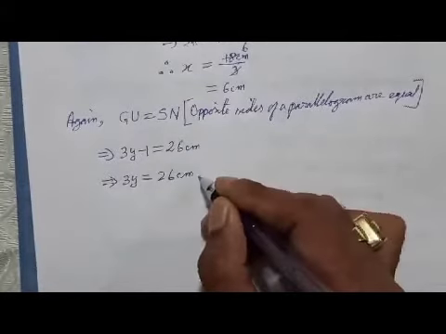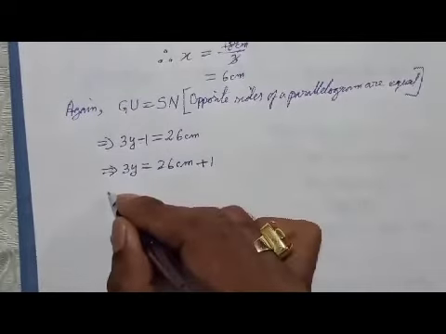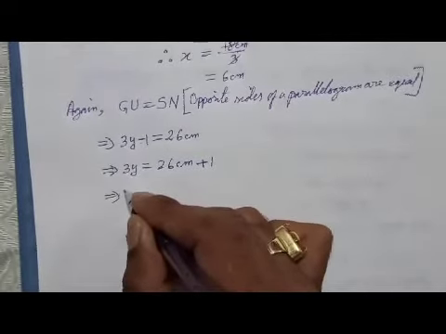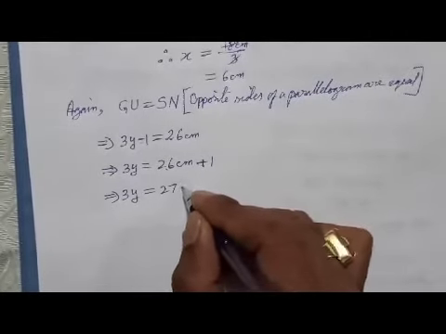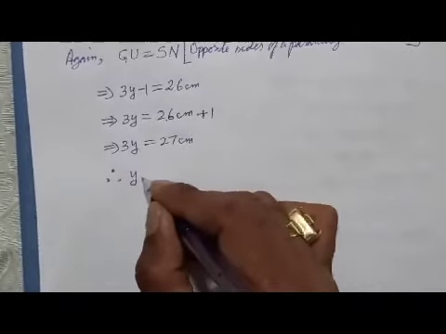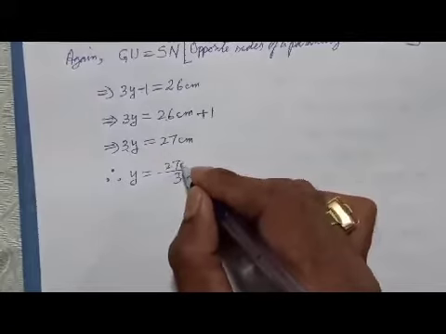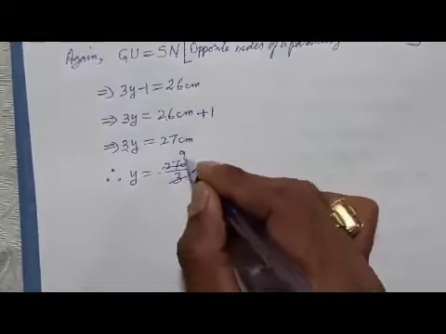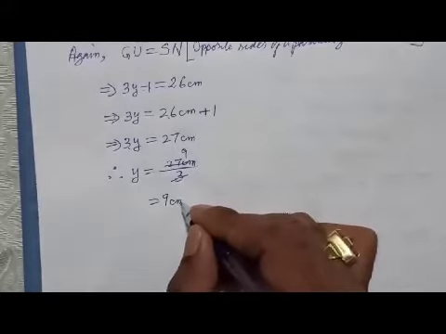Minus 1 is transposing to the other side and becomes plus 1. This one is also centimeter. 3y is equal to 26 plus 1, which is 27 centimeter. Therefore, y is equal to 27 centimeter divided by 3. 3 times 9 is 27. So y is equal to 9 centimeter.